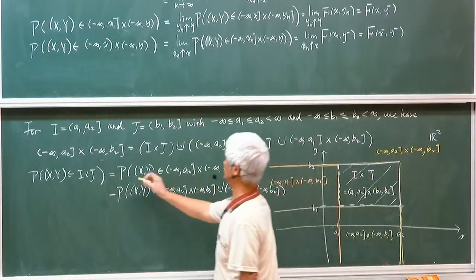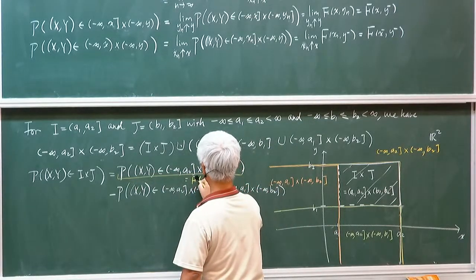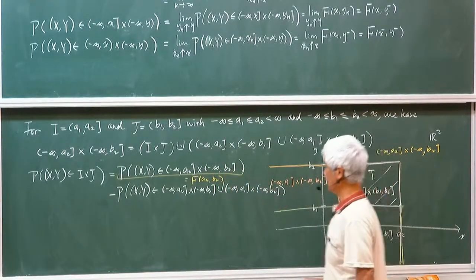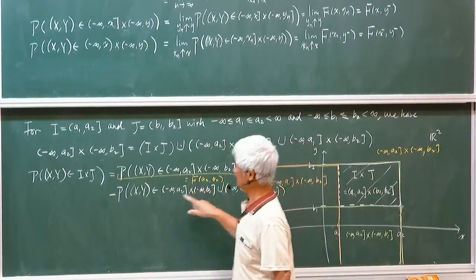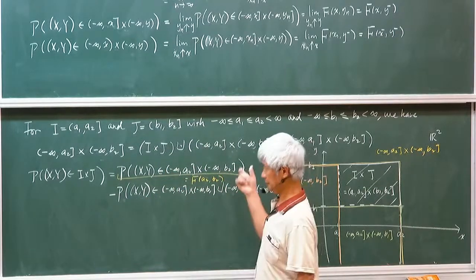And this first one, we know this is exactly F of A2, B2. So now we have to compute the probability that the random vector is in this union.